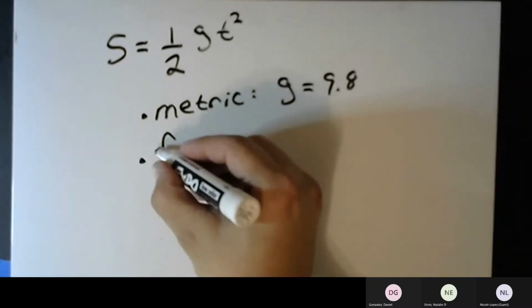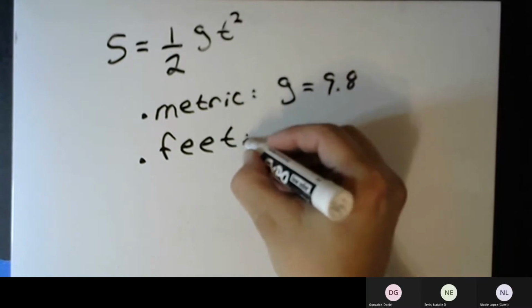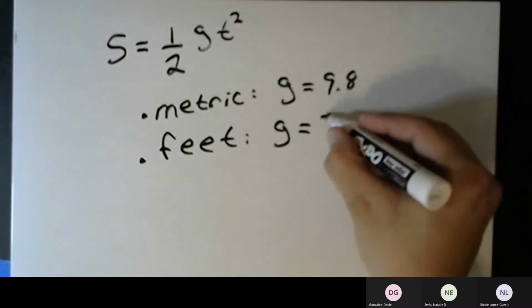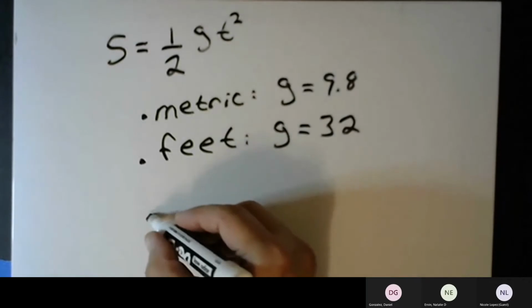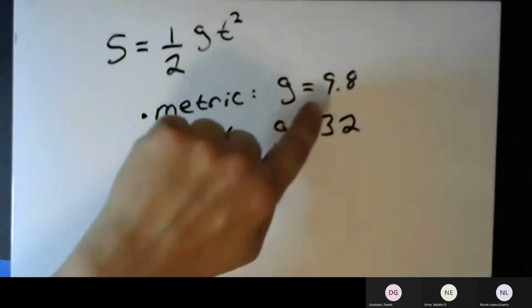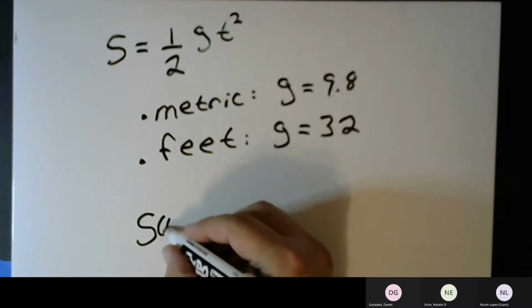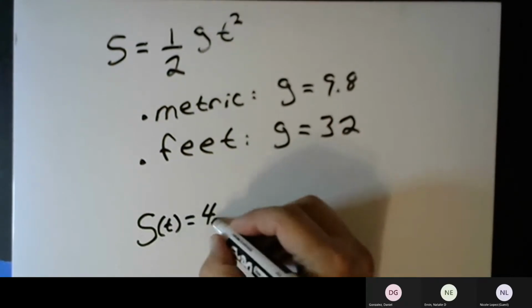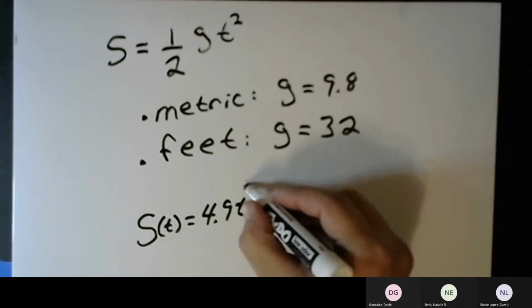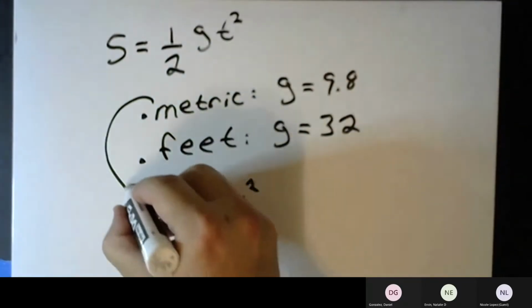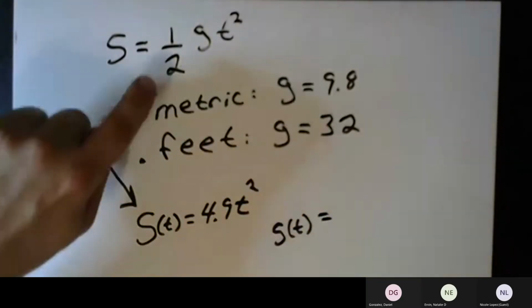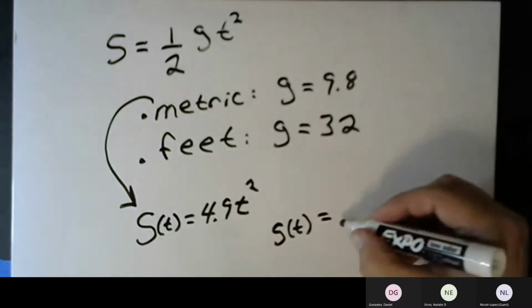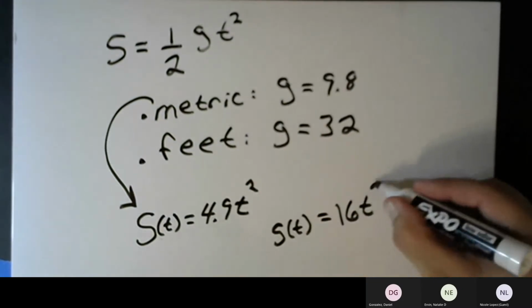But if you're using feet in the English system, g will be 32. And so this will give you two different versions of this formula. For the metric, you'll have 1/2 times 9.8 to give you 4.9 t squared. And then for the English, you'll have 1/2 times 32, and that gives you 16 t squared.